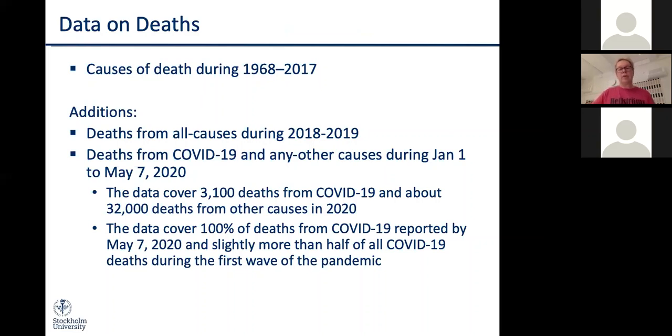We also got deaths by cause, divided into COVID-19 related causes of death or any other causes, so that we could study, censoring if you die by another cause, and we could also study mortality patterns by COVID-19 and compare them to mortality patterns by any other causes during this period.